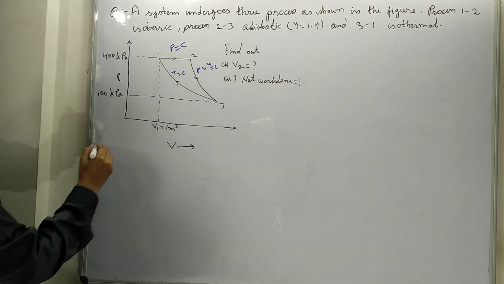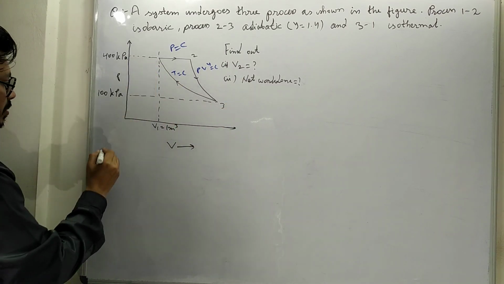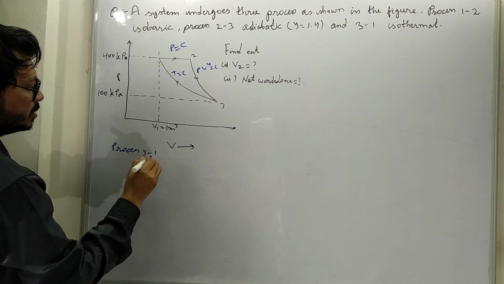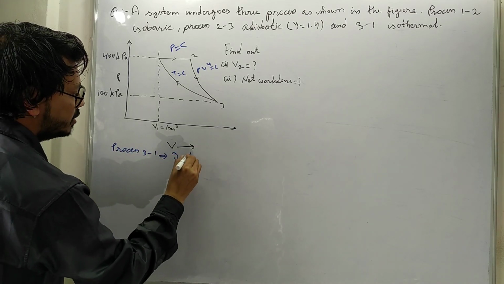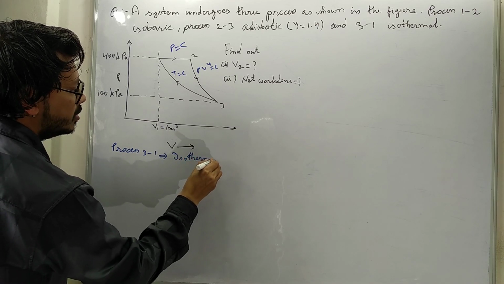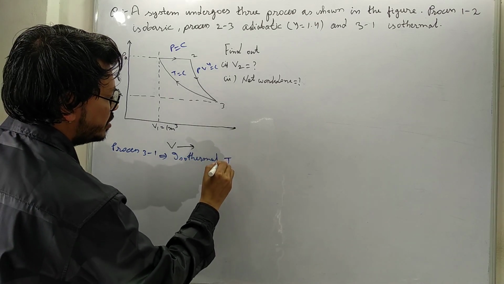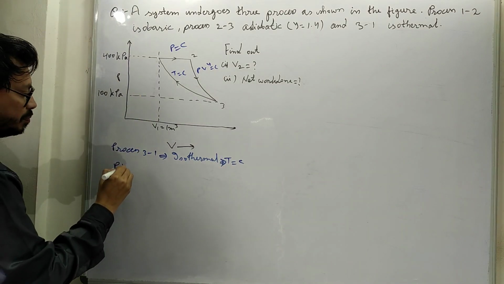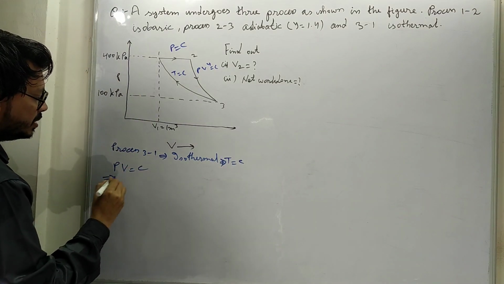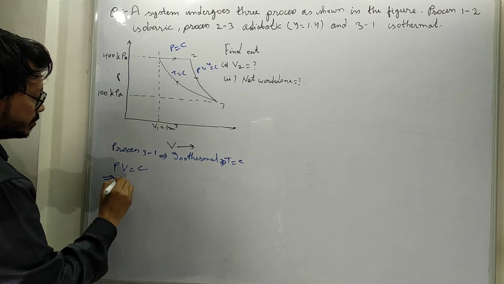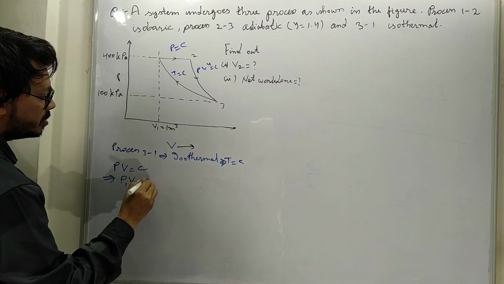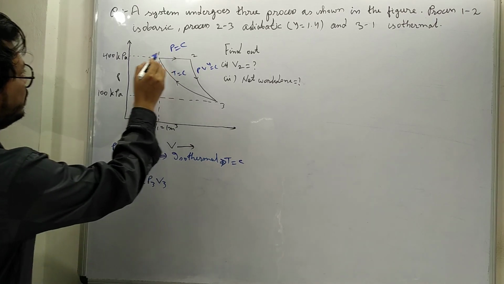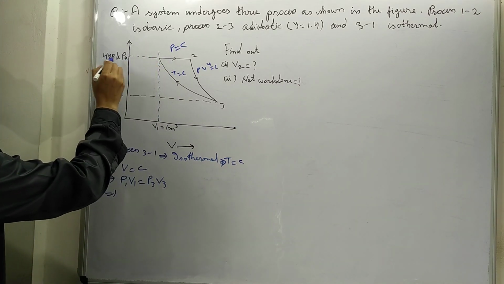So we know that for process 3 to 1, this is isothermal process, that means temperature constant. So we have PV equals to constant. This implies P1 V1 equals to P3 V3. We have the value of pressure as 400 kilopascal.